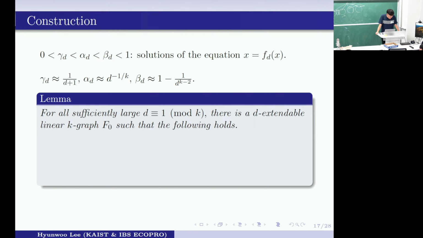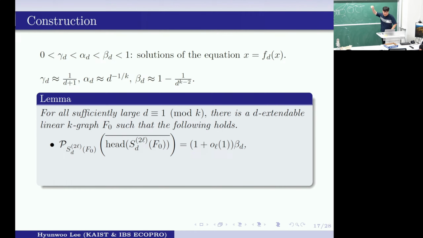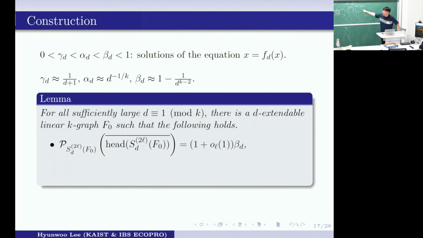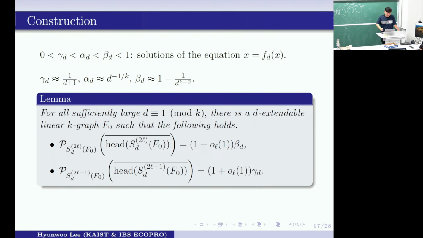Then we can prove this lemma for sufficiently large D. There is a D-extendable linear hypergraph such that the probability that the random matching does not contain the head of this amplified hypergraph is very, very close to the value beta_D when we apply this operation an even number of times. And if we do it an odd number of times, then the probability is very close to gamma_D.